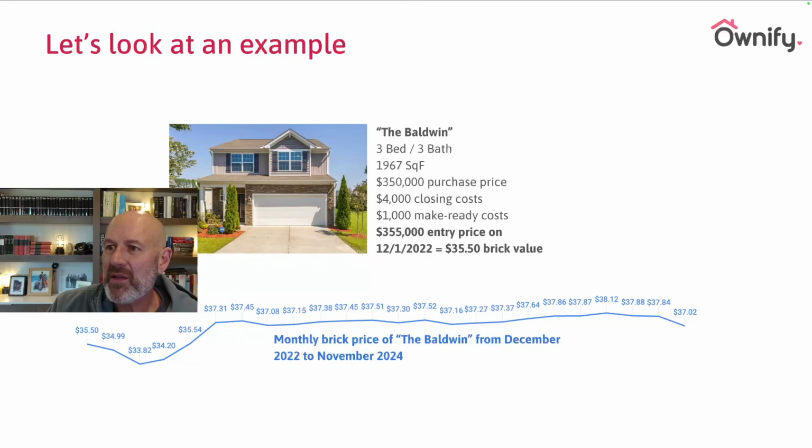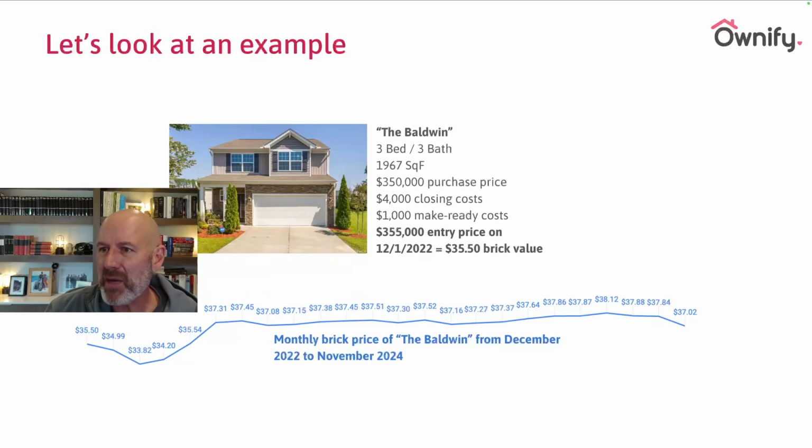It's just like a share price of any company that you might see on the New York Stock Exchange, the value of this home changes over time. We mark to market every month based on these 3 independent valuations. And that really allows us to then sell or buy bricks, i.e. shares, in that home every month.